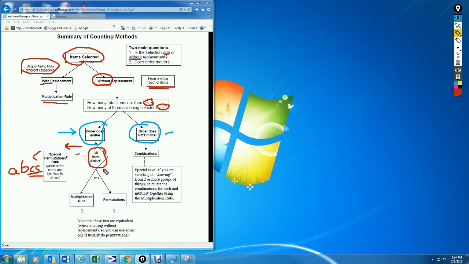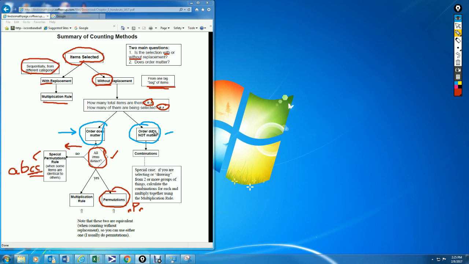If all of the items are distinct, then you can do permutations, in other words, nPr, and that is what I would normally do, or the multiplication rule also applies. It's basically equivalent.